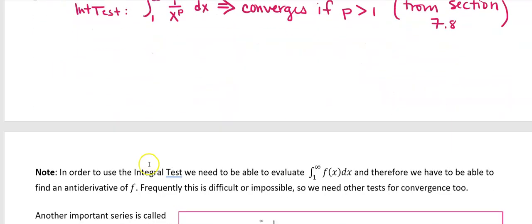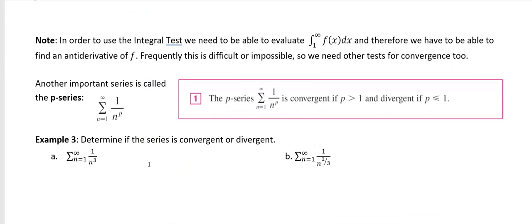And what this does is it relates to our next test. So note, in order to use the integral test, we need to be able to evaluate the improper integral from 1 to infinity of f of x dx, and therefore we have to be able to find an antiderivative of f. Frequently this is difficult or impossible, so we need other tests for convergence too.